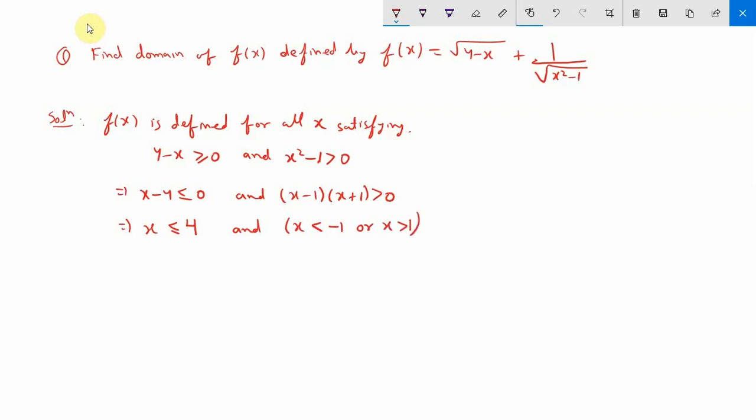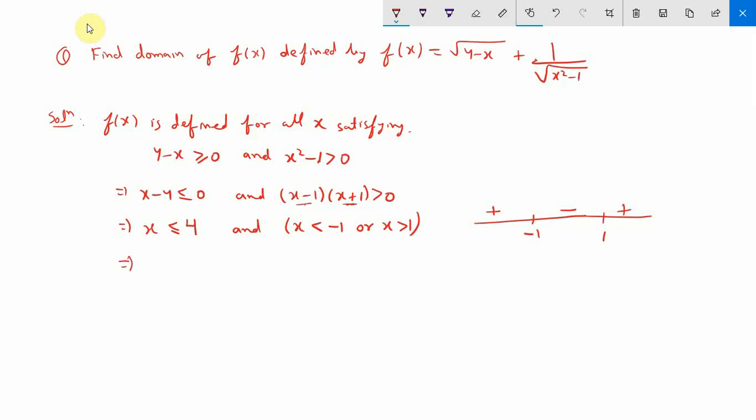Okay friends, if we plot this on the number line with −1 and 1, when x is greater than 1, this will be positive, this will also be positive, so it will be positive. When x is less than −1, this will be negative, and this will also be negative, so here also it is positive, and in between it will be negative.